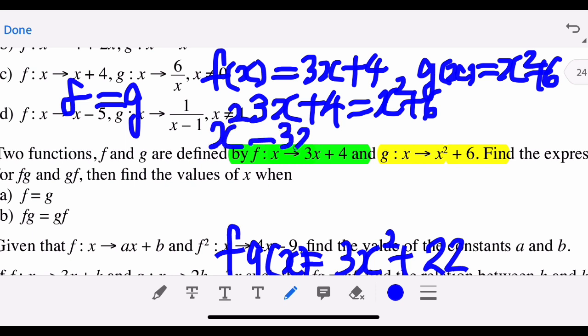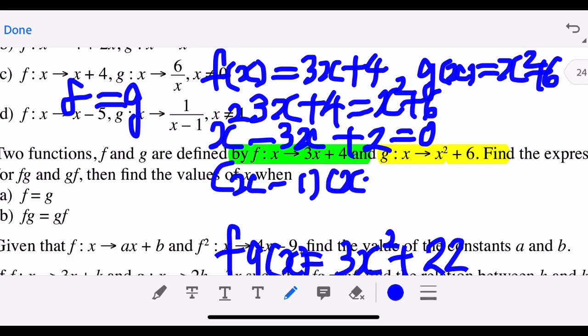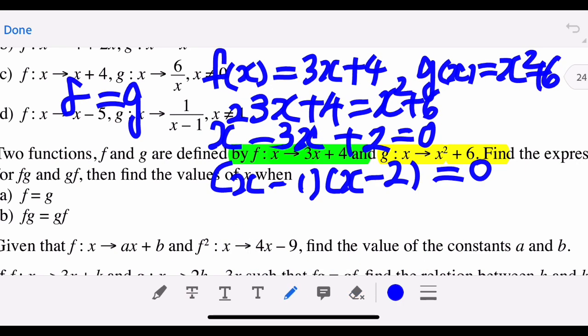We'll bring everything to the right, plus 2 equal to 0, and we need to factorize. You can press your calculator to factorize. If you factorize, your x will be x minus 1 and x minus 2 equal to 0. Those are the two factors, and let the factor equal to 0.